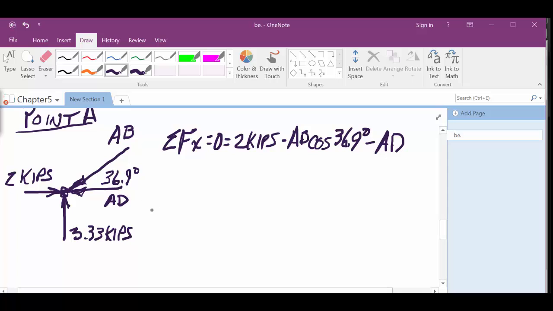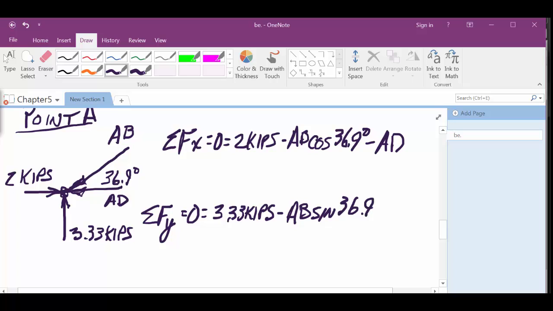But I've got 2 unknowns, so I'll do sum the forces in the y set relative to 0. I've got 3.33 kips going up minus AB sine of 36.9. AB stays here but becomes positive. Well, actually, it might be better to say AB goes to the other side and change the sign.